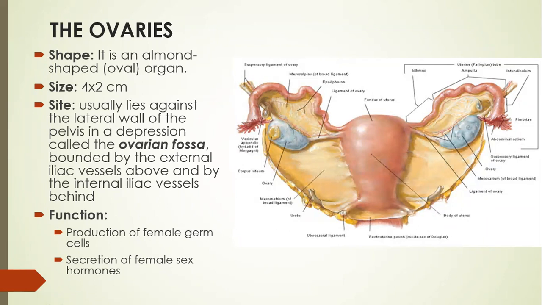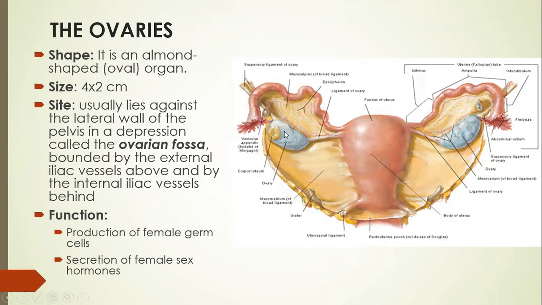It is very similar to that of the testis. But this lies not outside in the scrotum like in case of males, but within the pelvis. The ovaries are almond shaped oval organs, and the size is also similar, 4 into 2 centimeters, 4 centimeters in length and 2 centimeters in breadth.